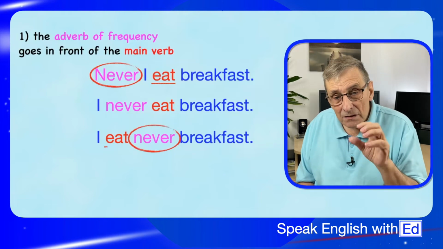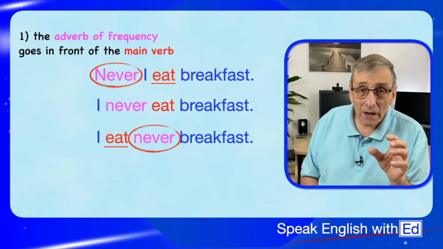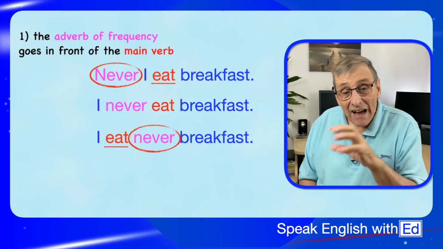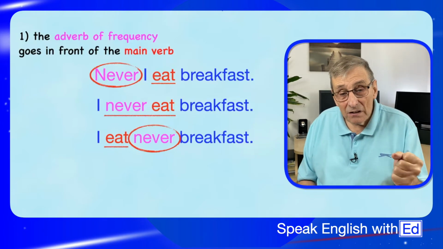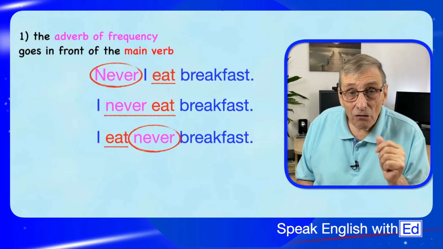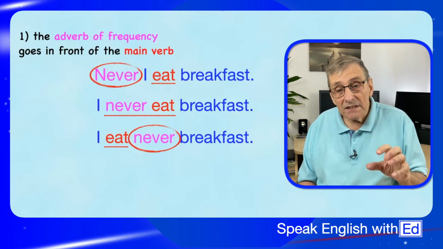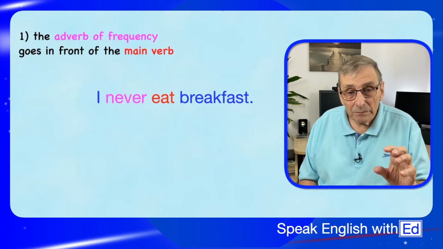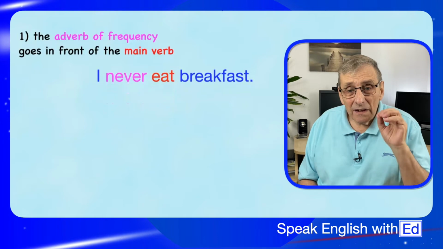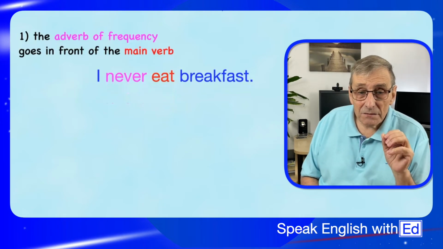And in the bottom one, it doesn't comply at all because never comes after the verb. But in the middle one, never is directly in front of the verb. So this sentence conforms to the rule. So this sentence is correct. I never eat breakfast. This is the correct sentence.